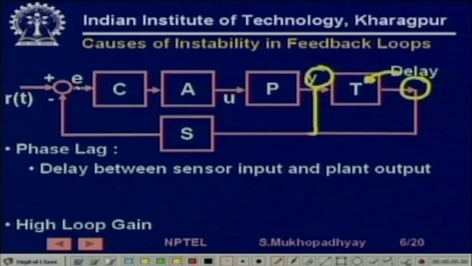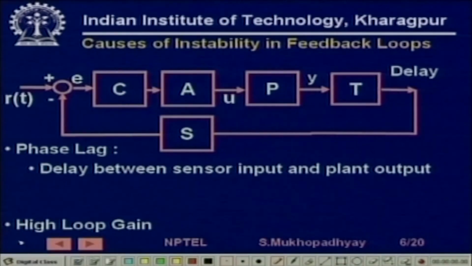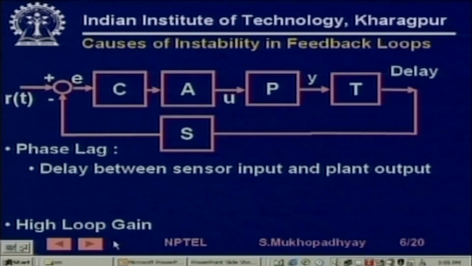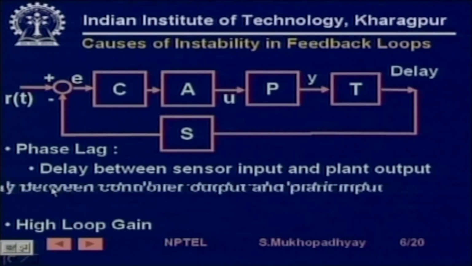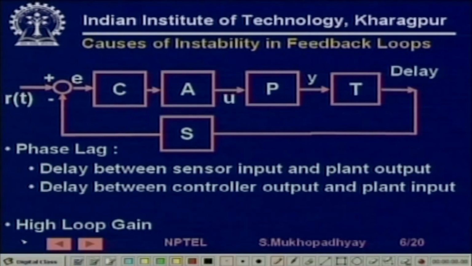So, that is something. Similarly there could be delays between controller outputs and plant inputs, right. This very often happens, so there could be a similar delay block at this point.